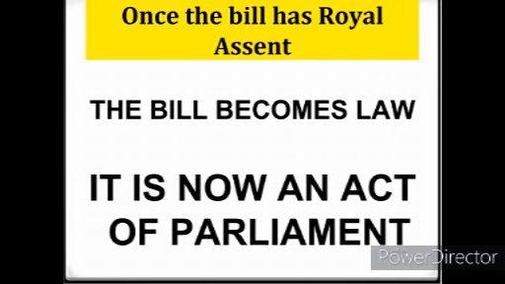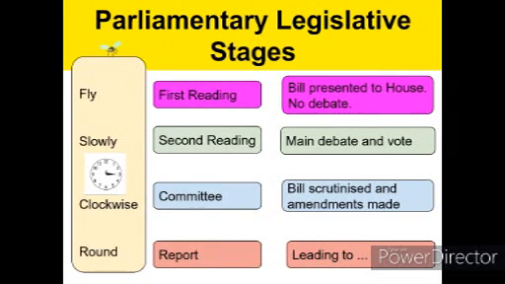And of course, as you're aware, Boris Johnson did not ask the Queen to refuse royal assent on that occasion. So once royal assent has been given, the bill then becomes an act of Parliament. It becomes law.